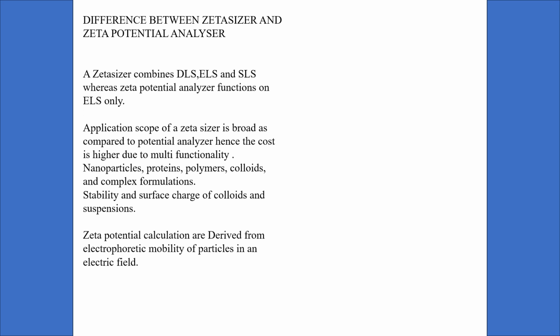People always confuse a zeta potential analyzer and a Zetasizer, but both of the equipments are different and serve their own purposes. A zeta potential analyzer functions on only ELS, while a Zetasizer combines dynamic light scattering, electrophoretic light scattering, and static light scattering techniques.